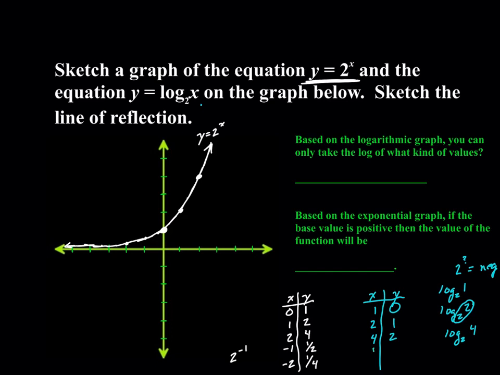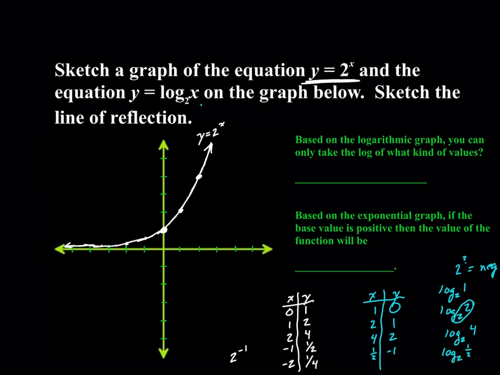So let's say 1/2. Well, 1/2 would give us a negative 1, because log base 2 of a half means 2 raised to this power would equal 1/2. 2 to a negative exponent flips it, so that becomes 1/2 to the first power.